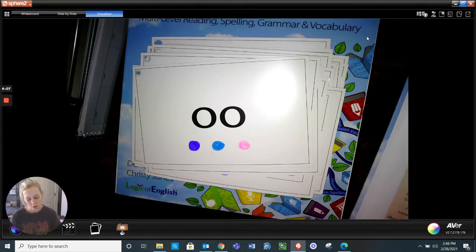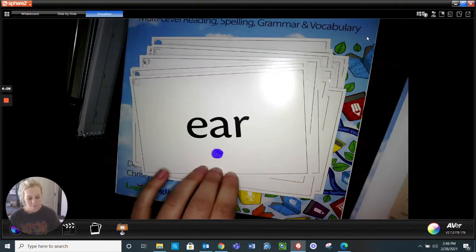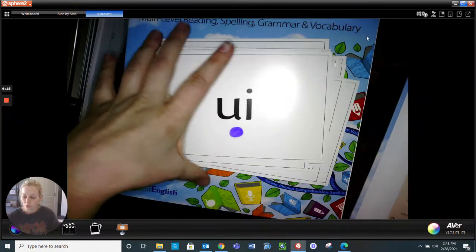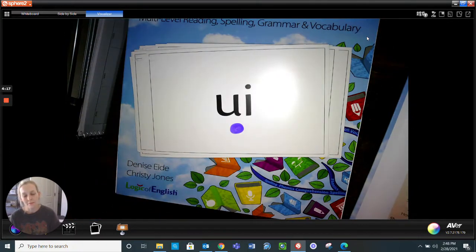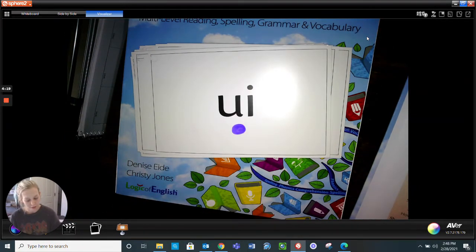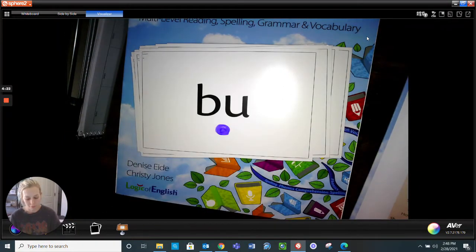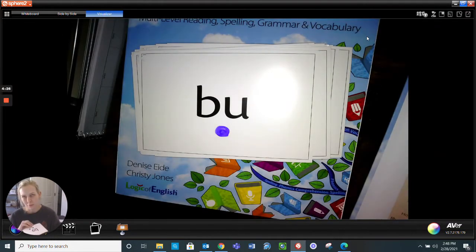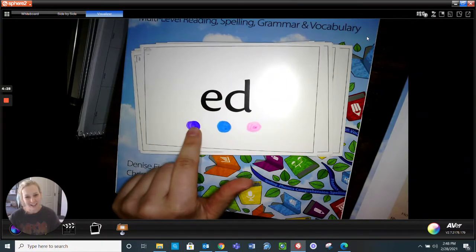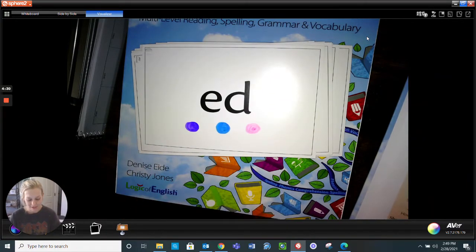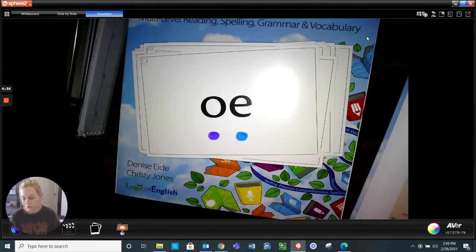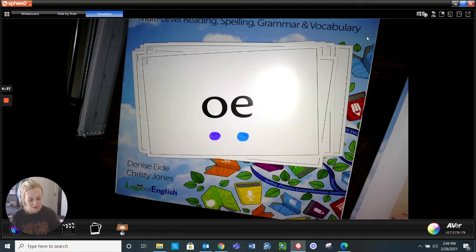Oo, o. The of search. Oo, 2-letter oo may not be used at the end of English words. B, 2-letter B. Ed, d, t. R, o, oo may be used at the end of English words.